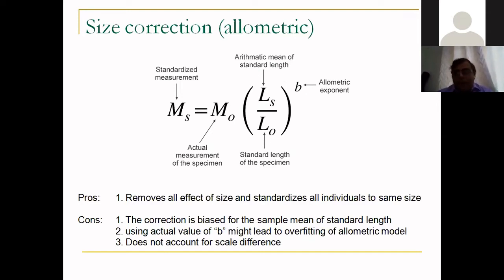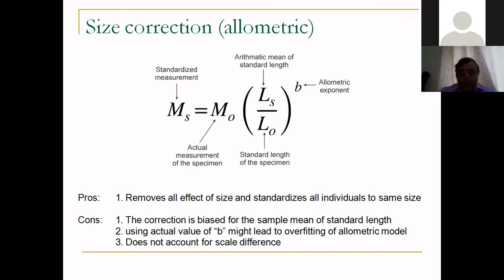I don't have time right now to explain this in detail, but those who are interested, I can explain that separately. So if you use this model, you are doing a size correction, but you are overfitting the allometric model to this size correction, and it does not account for the scale differences.